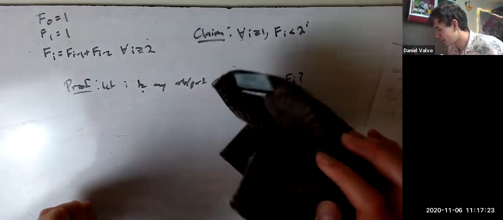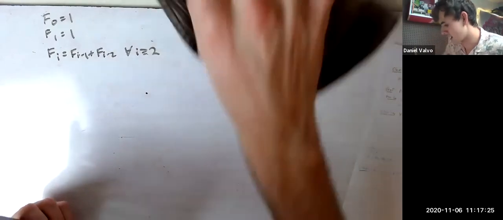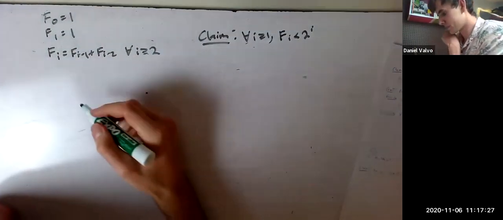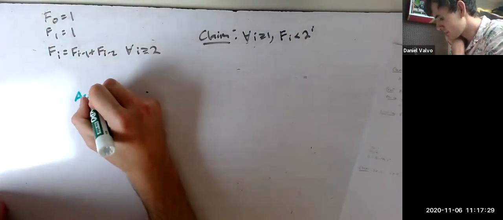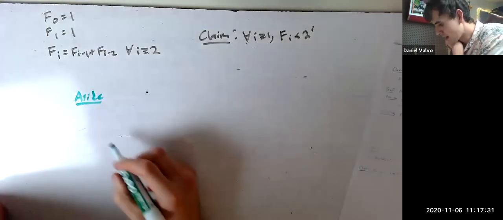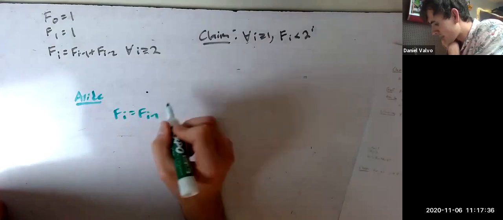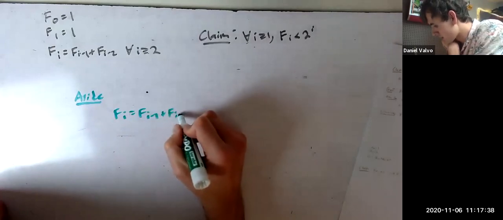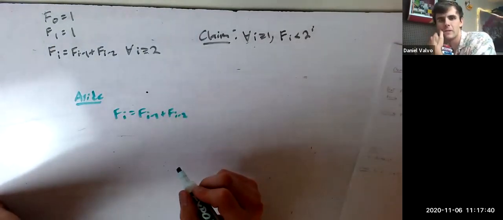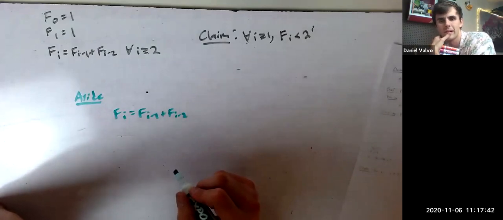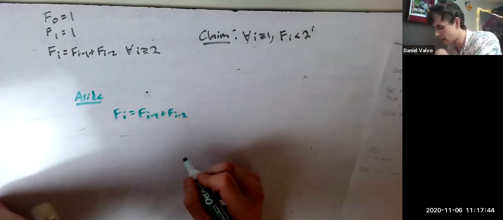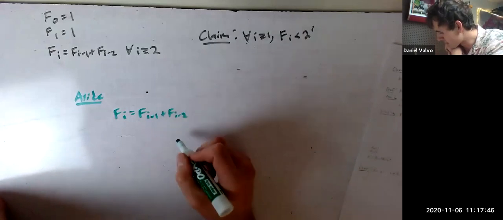So, let's do an aside and try to figure this out. Notice that F of i equals F of i minus 1 plus F of i minus 2.